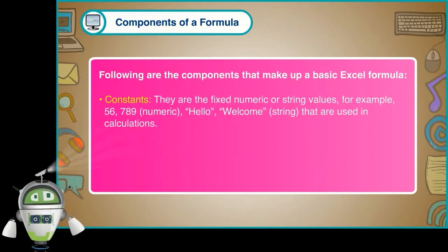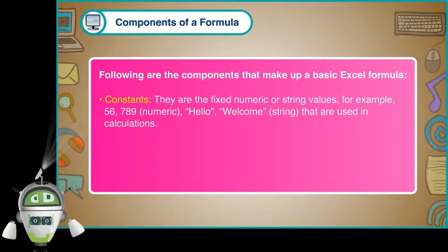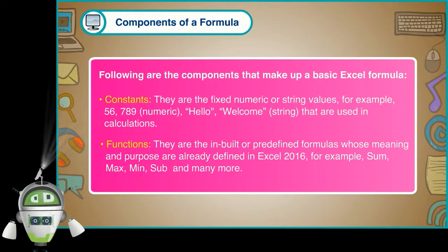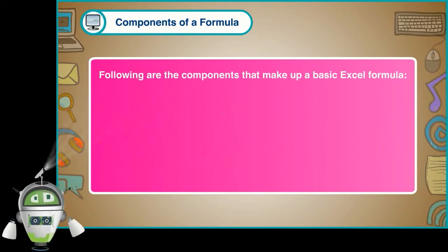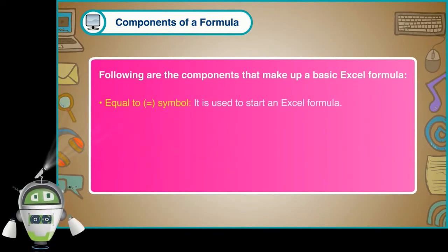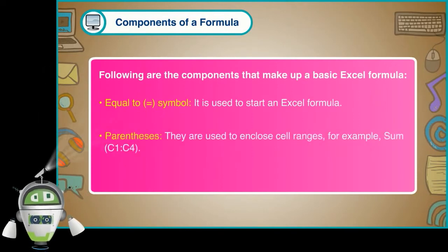For example, A3, B2, A2 to A6. Constants. They are fixed numeric or string values. For example, 56, 789 numeric, "hello", "welcome" in double quotes, strings that are used in calculations. Functions. They are the inbuilt or predefined formulas whose meaning and purposes are already defined in Excel 2016. For example, sum, max, min, and many more. Equal to symbol is used to start an Excel formula.